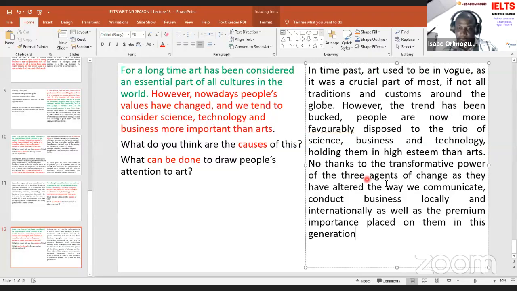One, they have altered the way we communicate, they have altered the way we do businesses, and as well as the premium placed on them in this generation. So these are the things that I said are responsible for people's changing attitudes or preferring arts.